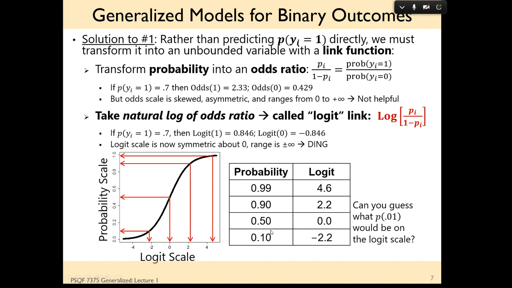If I go the same distance relative to a probability of 0.5 down to 0.1, that corresponds to a logit of negative 2.2. Probability of 0.99 goes to a logit of 4.6. Can you guess what the complement would be? Probability of 0.01 is a logit of what? Negative 4.6.